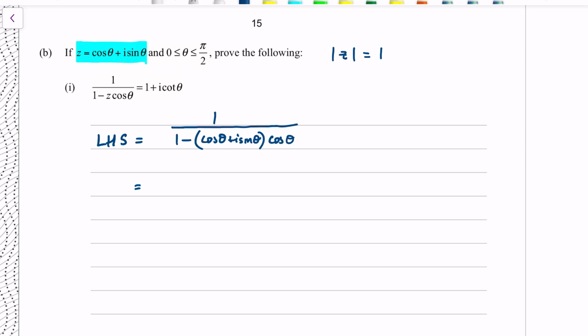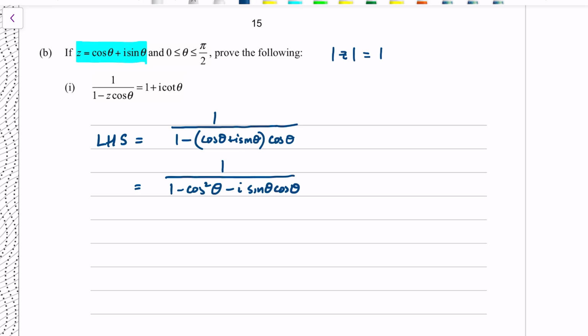This is a complex number, and it's also 1 divided by a complex number, so it's not in its standard format at the moment. We do a little bit of tidying up first though. The denominator there can be simplified to 1 minus cosine squared, and then minus i times sine theta cosine theta.